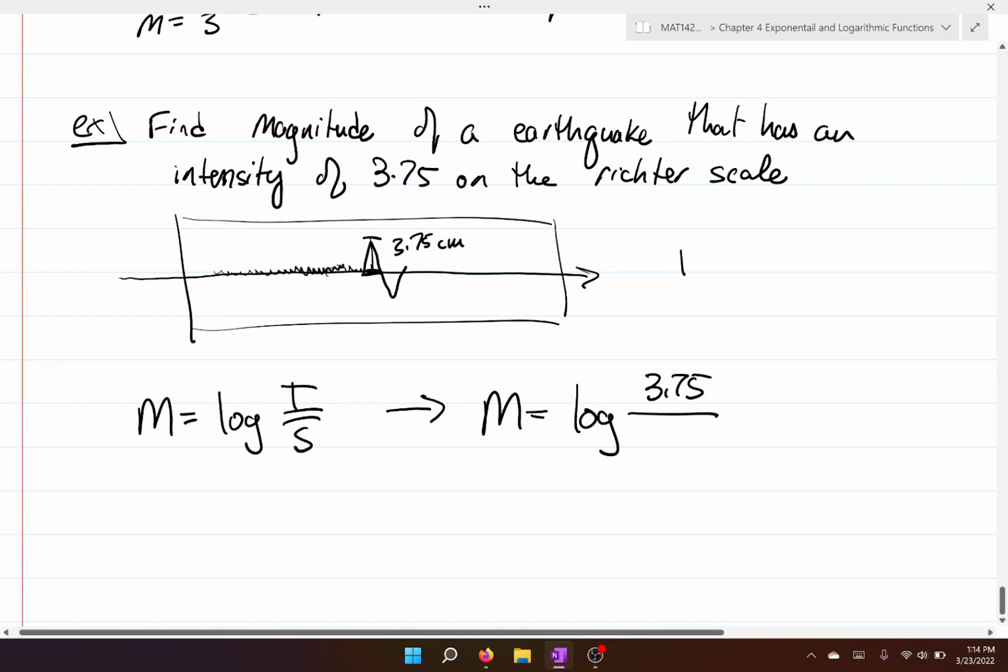So Richter figured out that 10 to the negative 4 is basically the standard of what the ground is vibrating at. So S will always be 10 to the negative 4. And if we just take the log of 3.75 over 10 to the negative 4, we're going to get approximately 4.6 magnitude, which is a very powerful earthquake.